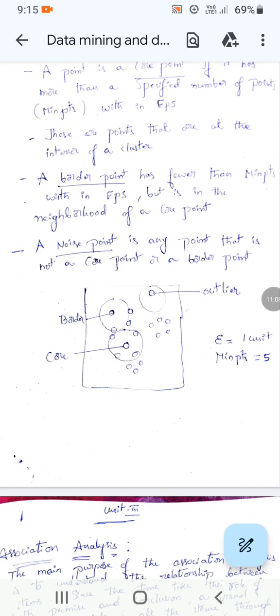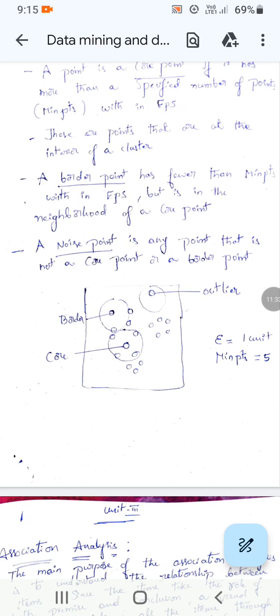Border points and core points are relevant to the data. Those are touchable points, within the specified radius, and we can consider them as the density of the DBSCAN algorithm, because they are very near to the radius.